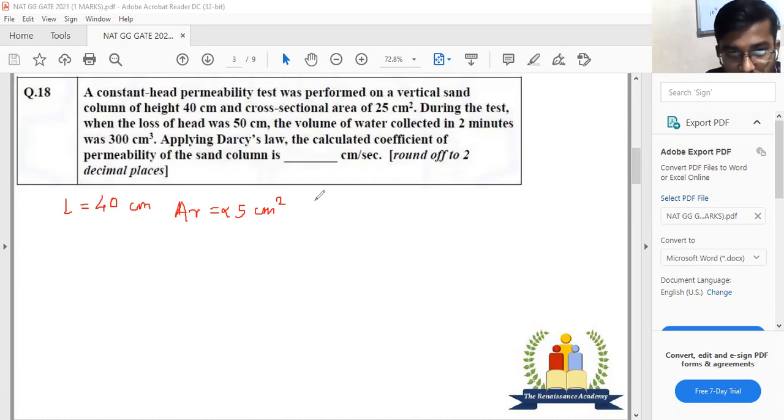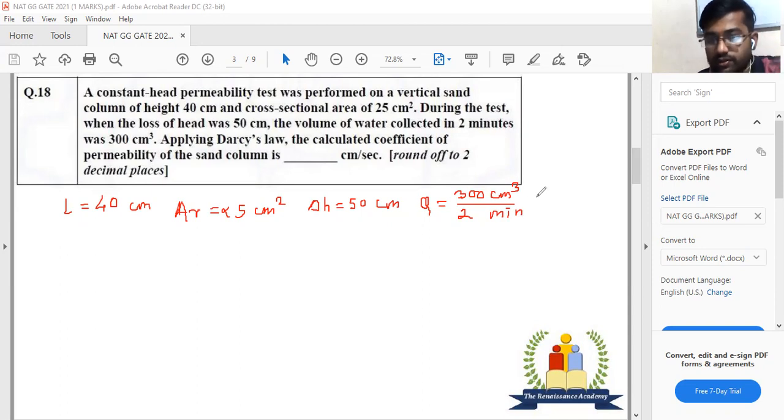Then we have delta H. Delta H is given, that is 50 centimeter. Then we have Q. Q is water collected in 2 minutes was 300 centimeter cube. Okay, means 300 centimeter cube in 2 minutes. So automatically you will get centimeter cube per minute. Okay, clear?